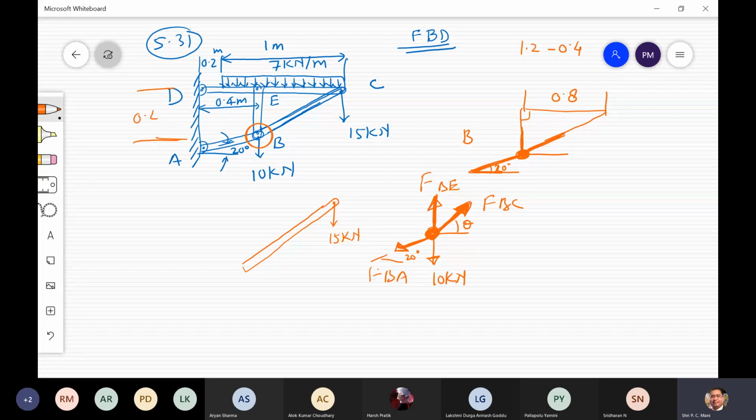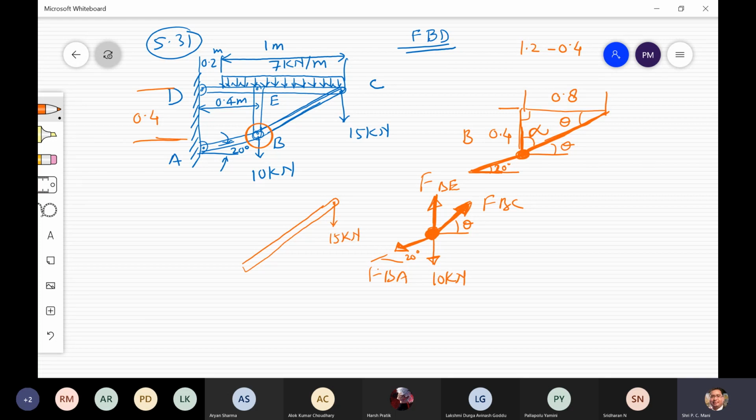This one is also 0.4. So you can get the value of the hypotenuse and the value of theta. Say this is theta and this is alpha. I have taken this one as theta. Clear? So this is the free body diagram of this point.